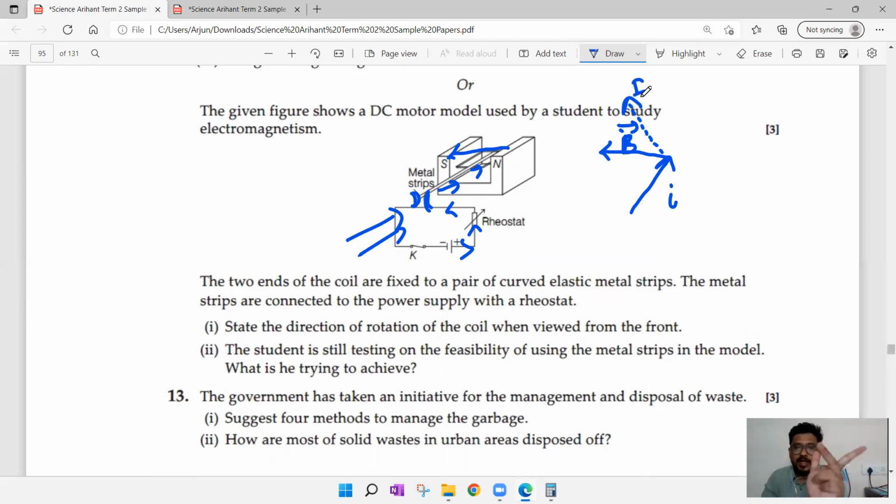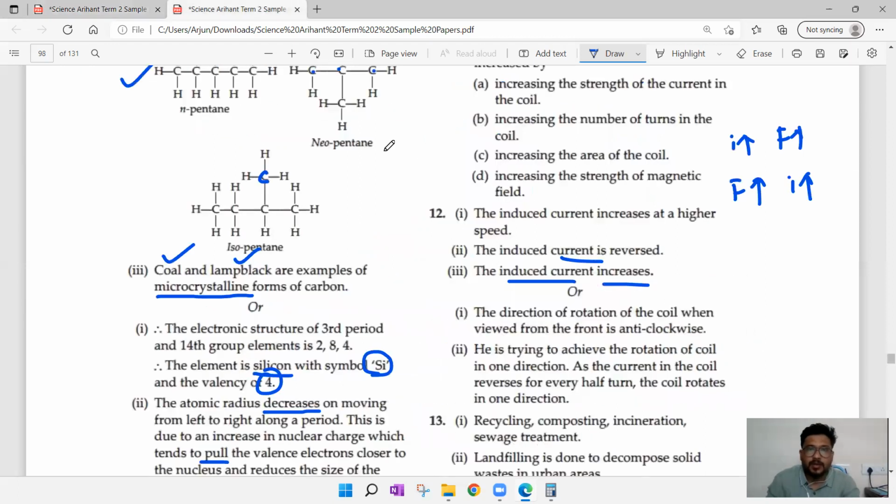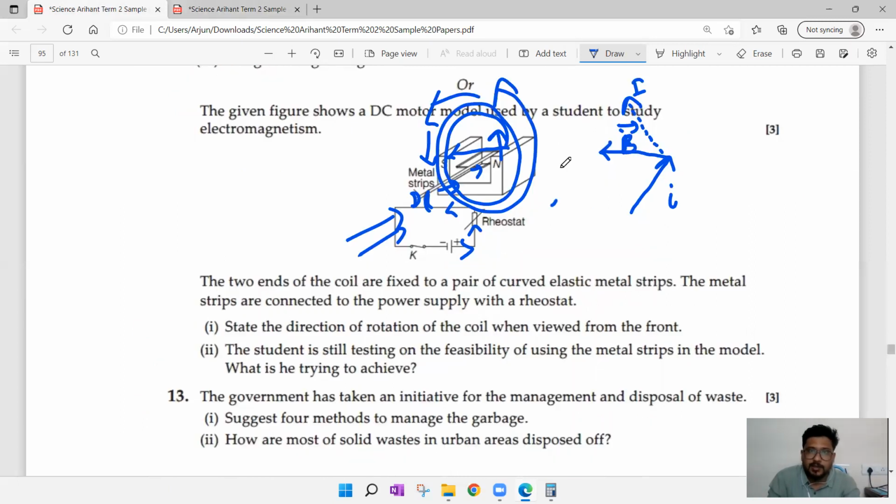If current is like this and magnetic field like this, the force will be upwards. So the coil will move like this. This is the direction. Clockwise or anti-clockwise? Obviously anti-clockwise. So it is moving anti-clockwise, like 3, 12, 9, like this.